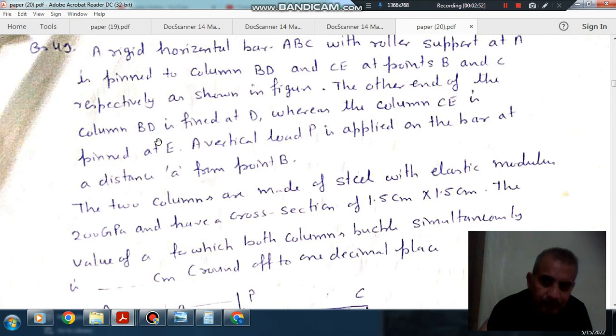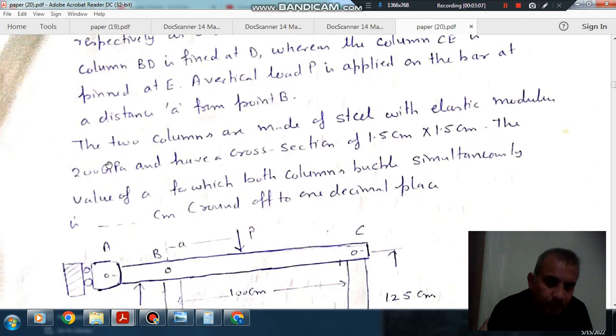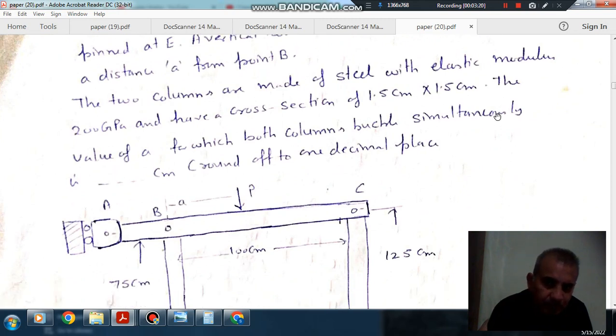The other end of the column BD is fixed at D, whereas the column CE is pinned at E. A vertical load P is applied on the bar at a distance A from point B. The two columns are made of steel with elastic modulus 200 GPa and have a cross section of 1.5 centimeter into 1.5 centimeter. The value of A, for which both columns buckle simultaneously, is dash centimeter, round up to 1 decimal place.